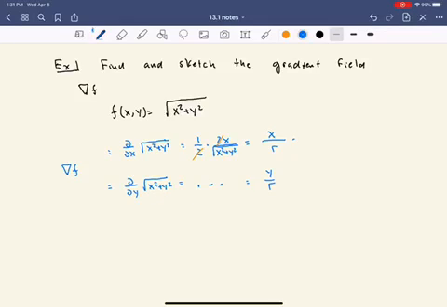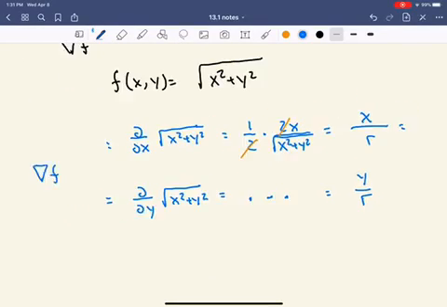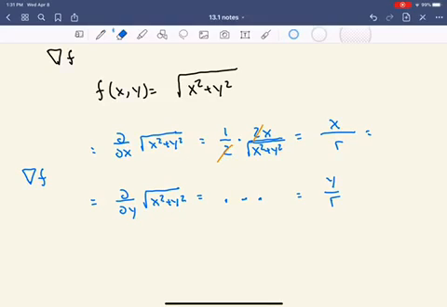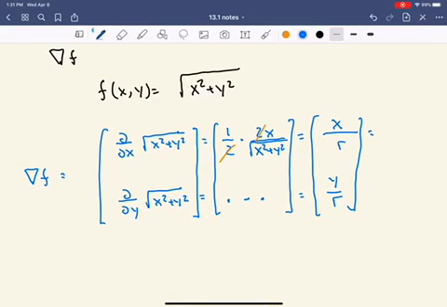So the gradient of f is going to equal, I'm going to put all of that in parentheses, vector notation, and just write it as 1 over r times (x, y). So that's the gradient field.